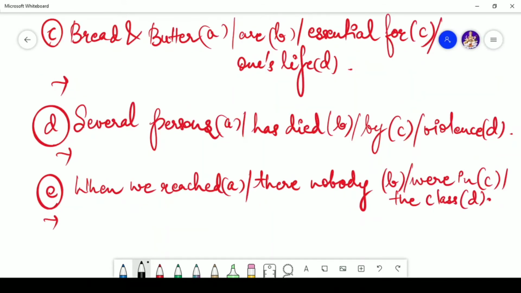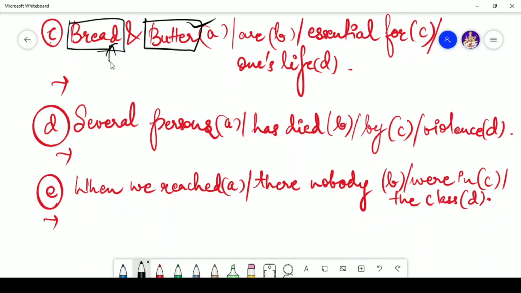Okay, now let's talk about some more questions. Now the third question says that "bread and butter are essential for one's life." Again in this sentence they are talking about two subjects. One is bread and the other one is butter. In these two cases, the form of the verb used here is according to the first subject.